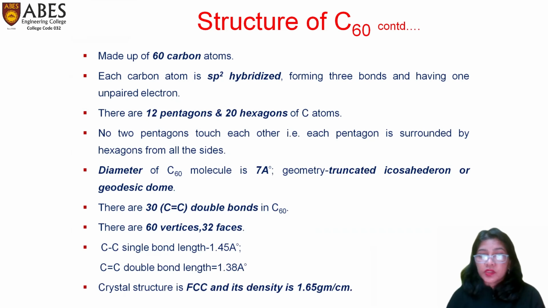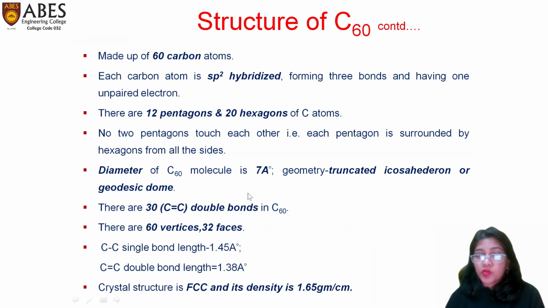There are 12 pentagons and 20 hexagons, arranged so that no two pentagons share or touch each other, and each pentagon is surrounded only by hexagons.